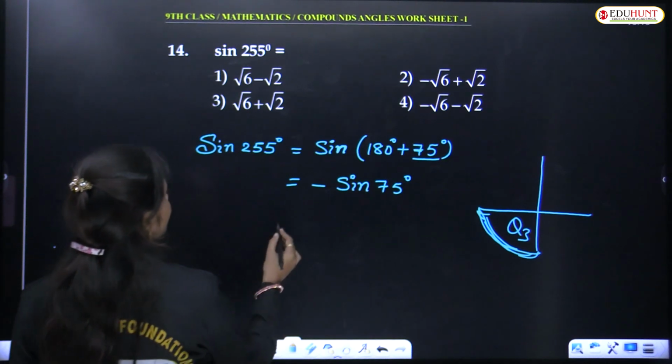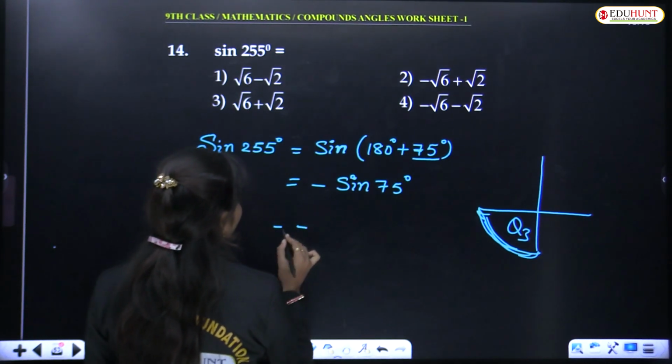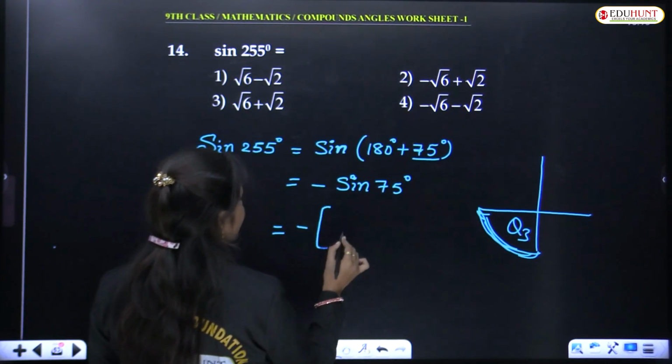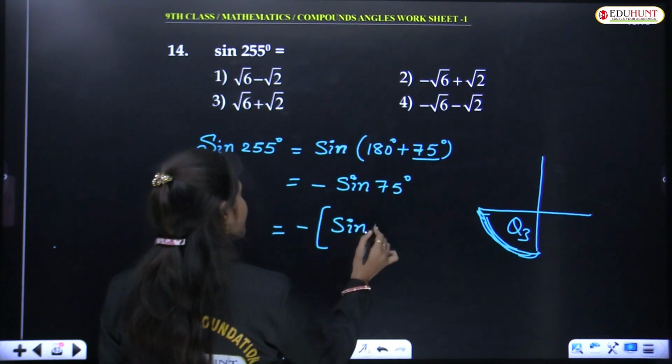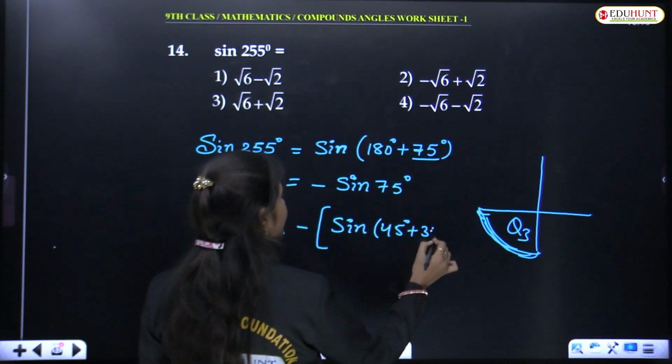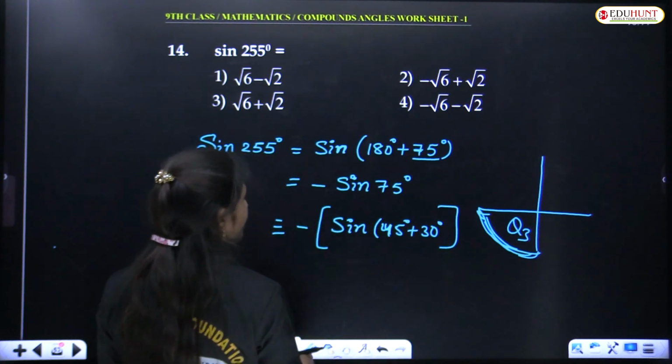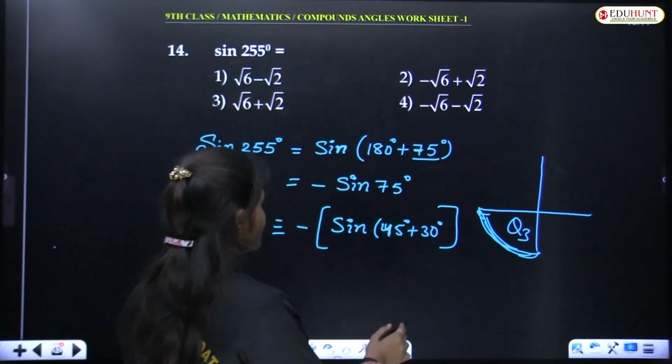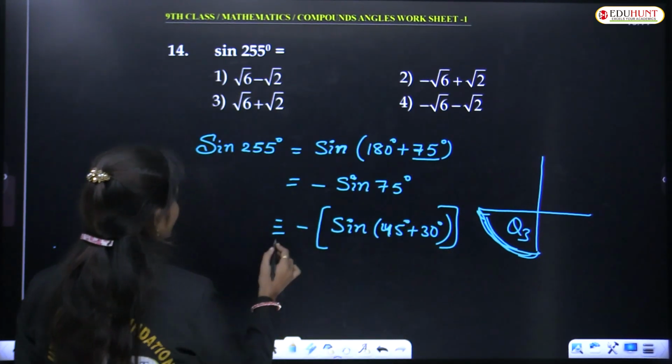Okay, so here we can write minus sine 75 as 45 degrees plus 30 degrees, known values.